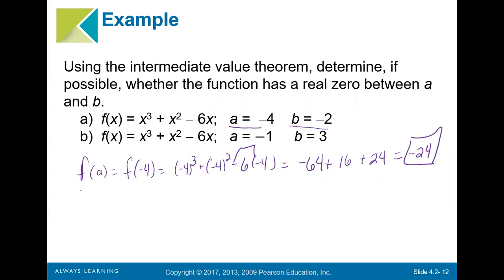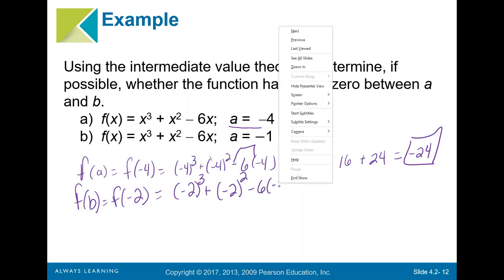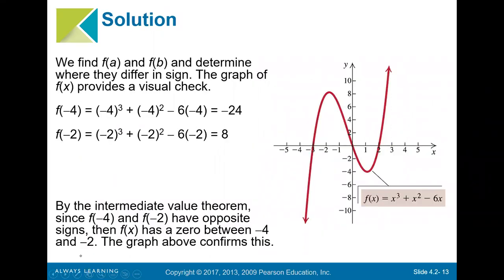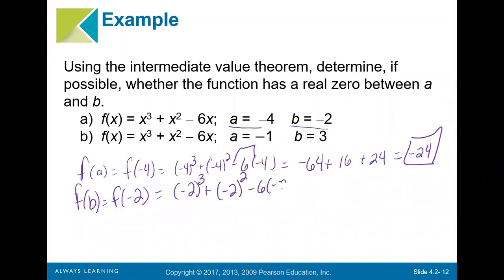So now let's take f of b, which in this case is f of -2. Let's plug it in. All right. So a negative to an odd power is negative. 2 cubed is 8.